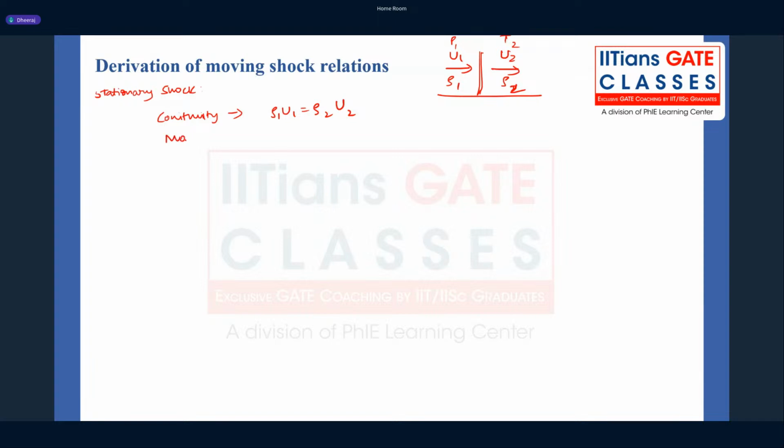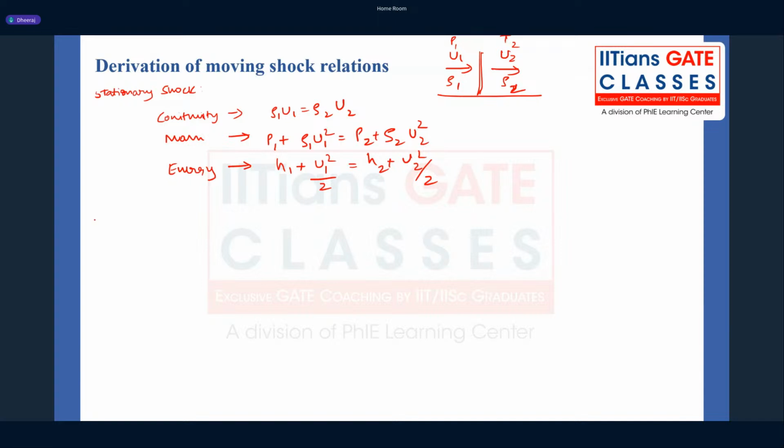My momentum will be p1 plus rho1 u1 square equals p2 plus rho2 u2 square. And similarly, my energy will be h1 plus u1 square by 2 equals h2 plus u2 square by 2.